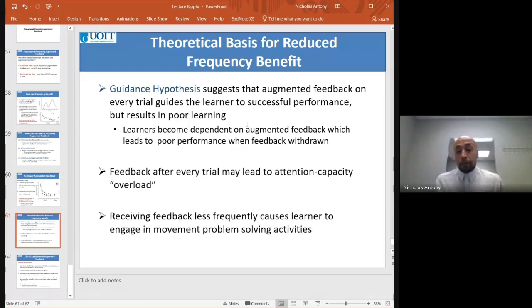And so this is how we're finishing off the lecture today. What would be the motor control basis behind why a reduced frequency of feedback is more beneficial for learning? Anyone?